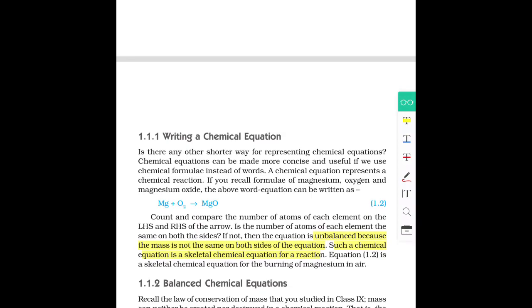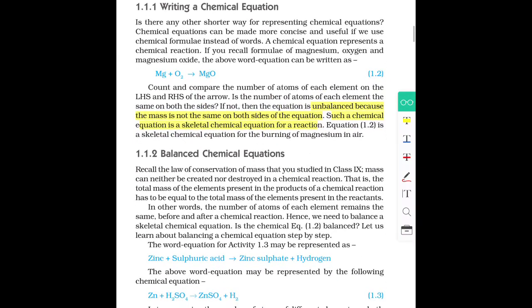Now we are going to study balancing the chemical equation. To balance this chemical equation, recall the law of conservation of mass that you studied in class 9th. Mass can neither be created nor be destroyed in a chemical reaction.